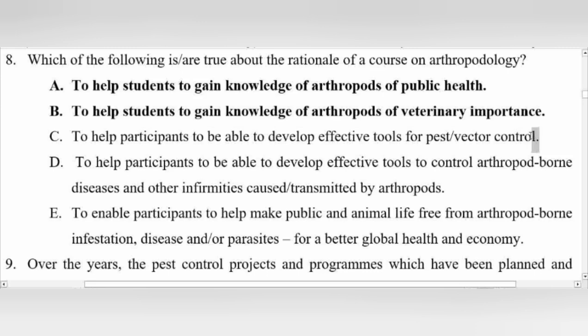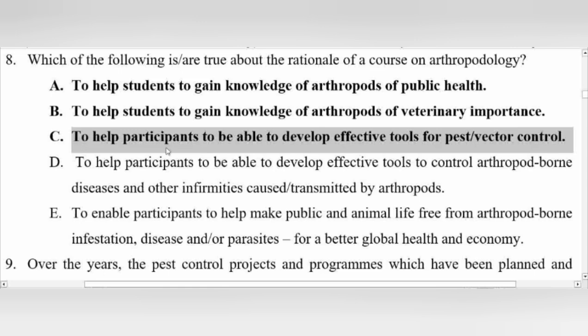Then the C is to help participants be able to develop effective tools for pest or vector control. Yes, what is knowledge if you can't use it to solve a problem in society, or use it to help promote or enhance something in society?